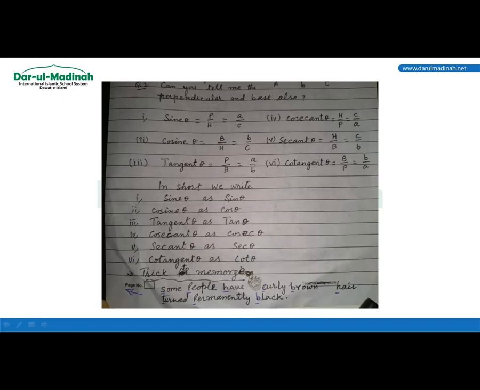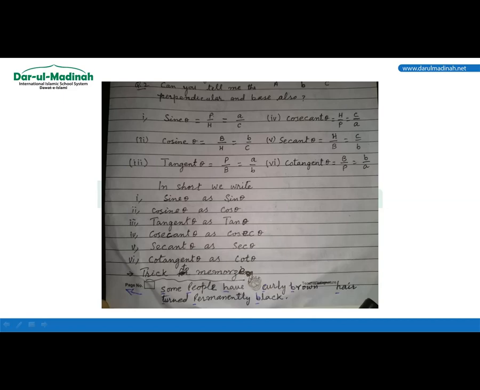It is called cosine theta, and the value is B upon C. The third trigonometric ratio is tangent theta, the ratio of perpendicular and base, and according to our figure A upon B is the value of tangent theta. These three are the basic trigonometric ratios, and the remaining three are the reciprocals.